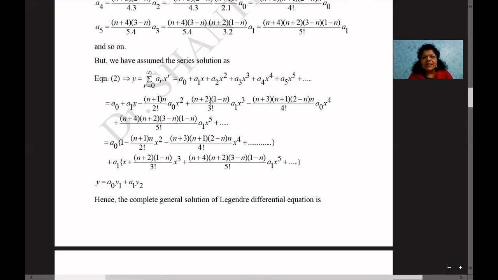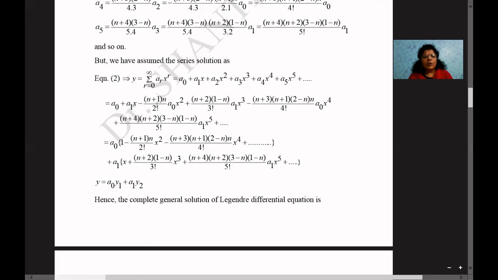See now this expression. Here the alternate terms are dependent upon A0 and A1. See that the first term, third term, fifth term are dependent upon A0. Second term, fourth term, sixth term are dependent upon A1. So I am collecting A0 separately, A1 separately. That is A0 of, after taking A0 common outside, what is left out from the first term?